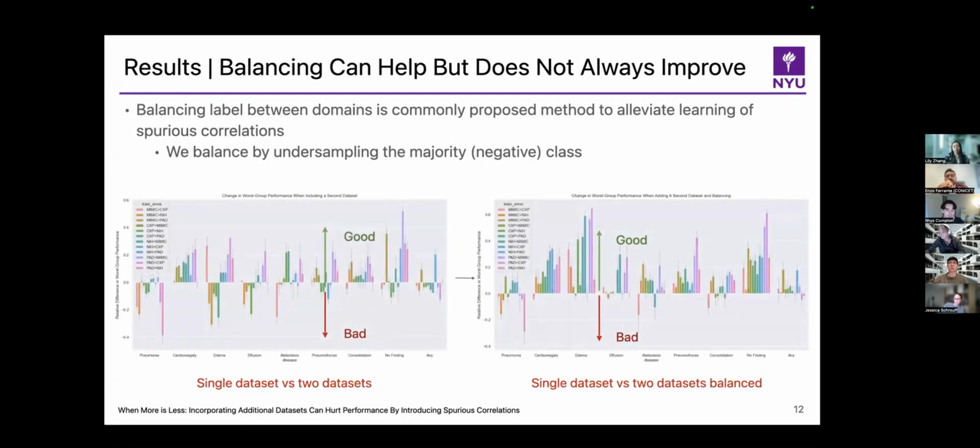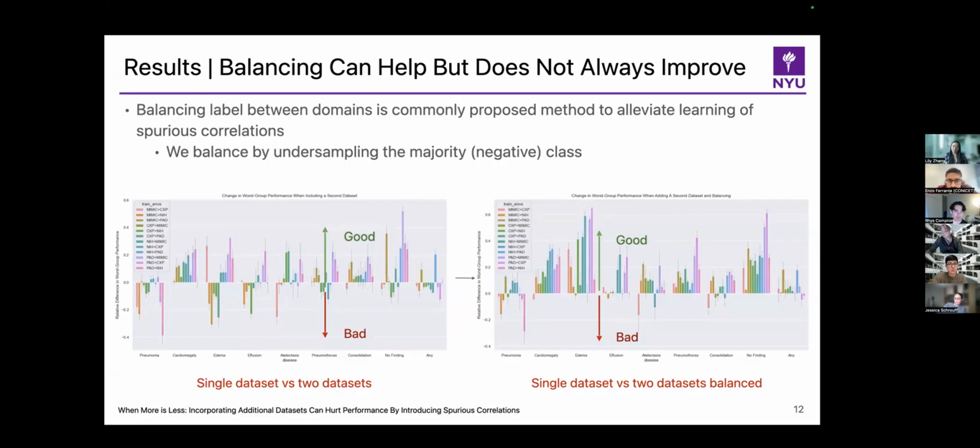What this plot shows on the left is the same plot as we saw before, comparing the relative difference of single data set performance versus two data set performance. On the right, it's a similar plot, but comparing single data set performance to two data set performance after you've applied this balancing.